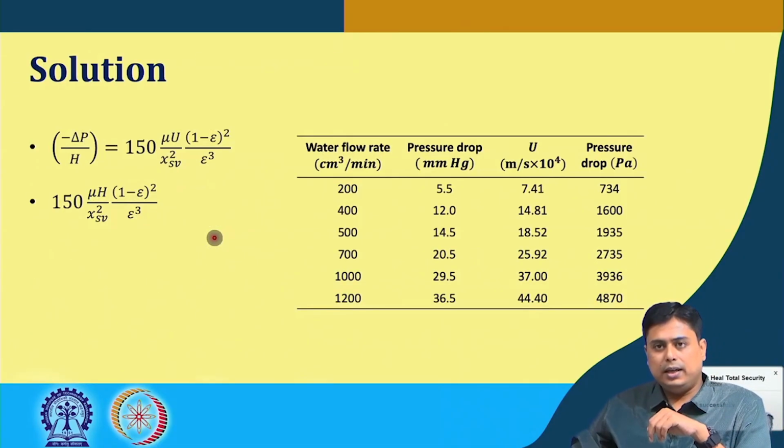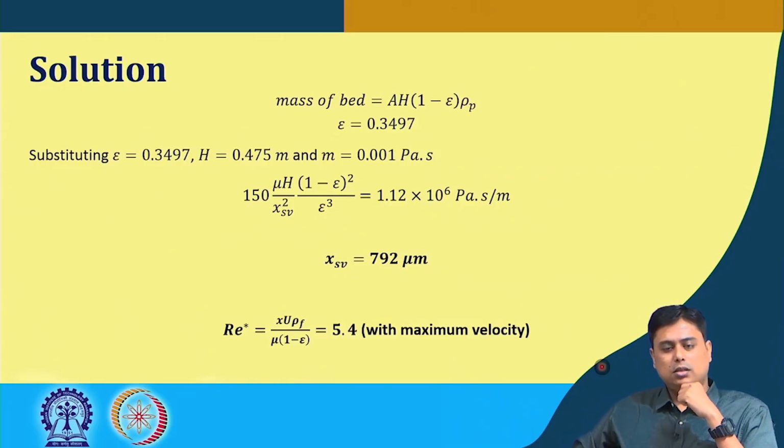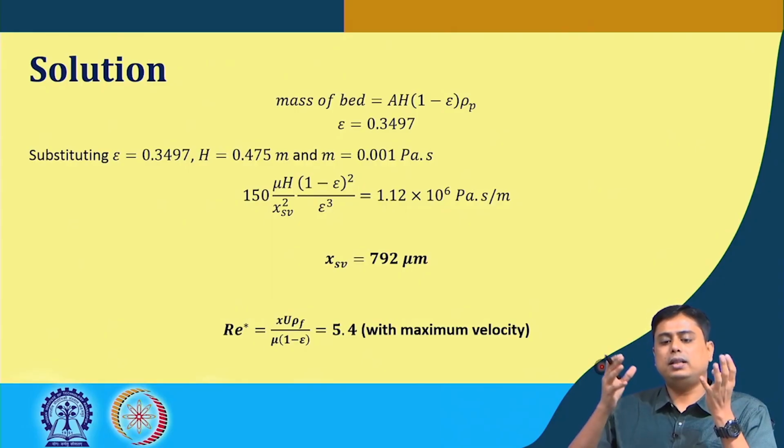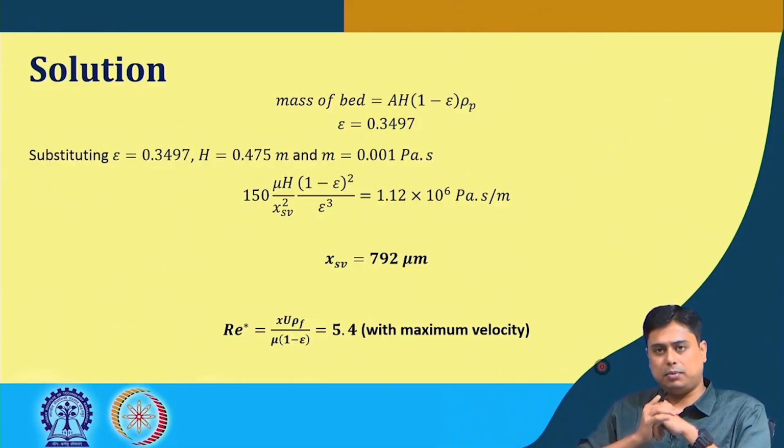So here what we get is that the mass of the bed is basically equal to the cross sectional area multiplied by the height, so volume, multiplied by the density of the particle.